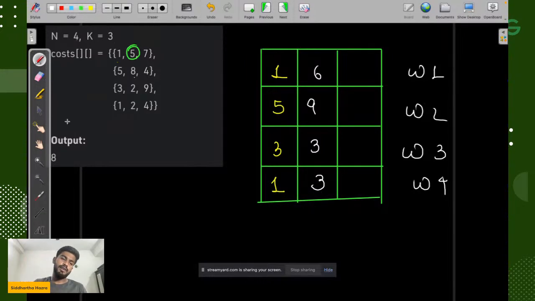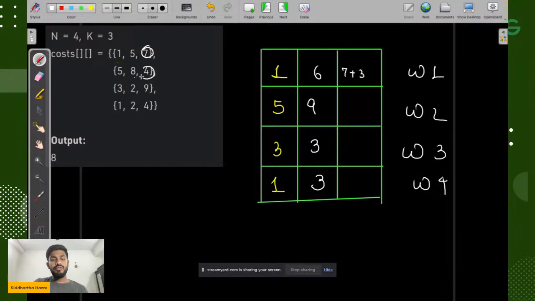Now let's see the third one. Here I would tell you the optimization. So now see, the problem is that suppose I want to paint with this color. That means I would require a cost of 7 and the rest minimum of 9, 3, 3, so I can take 3.